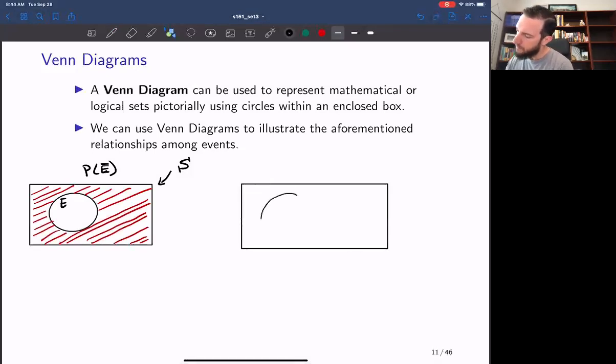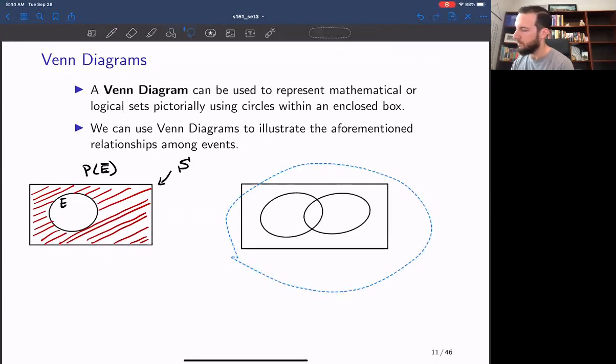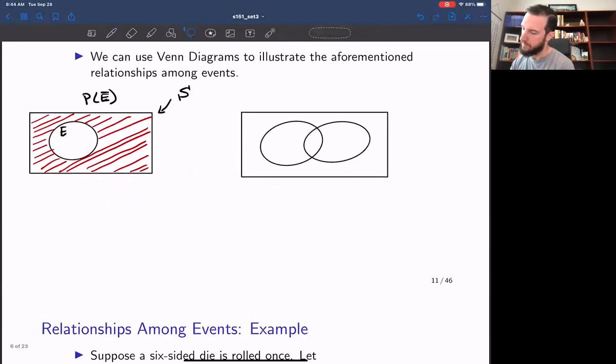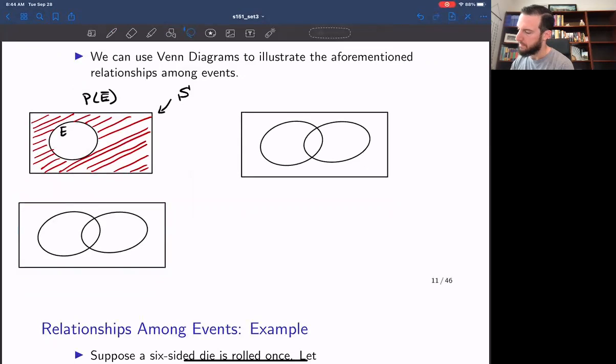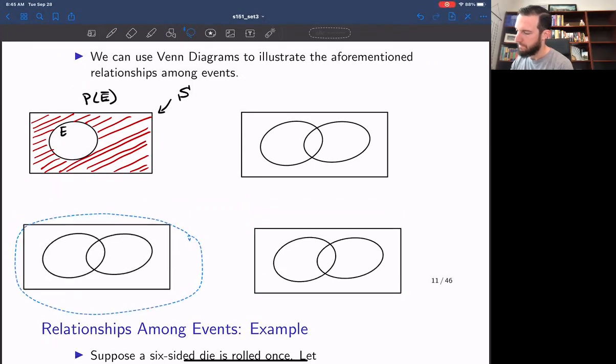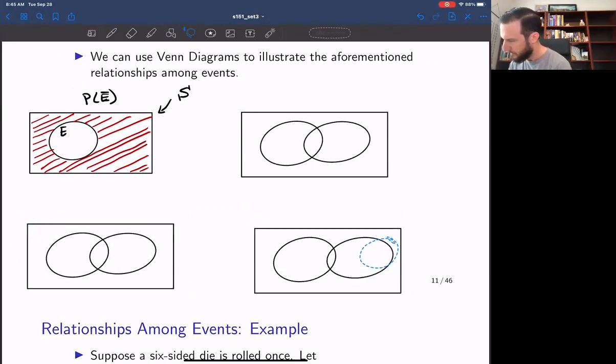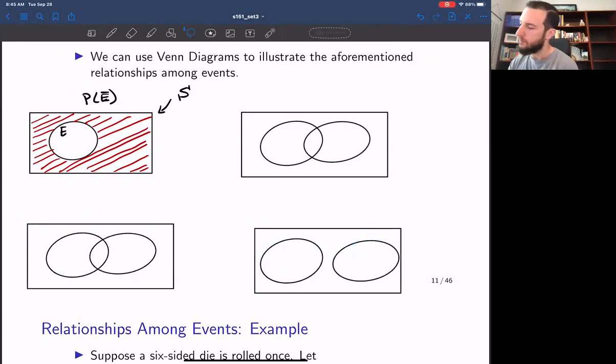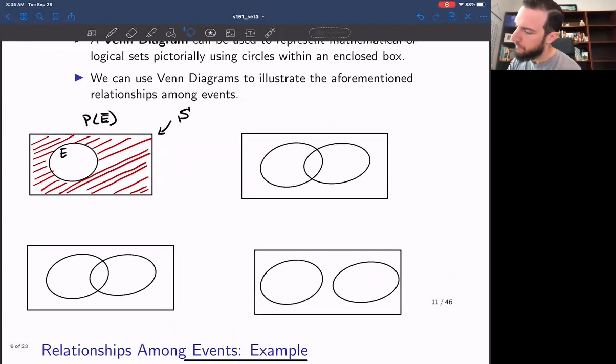Okay, so for the other 2 events that we talked about, we now need to consider 2 different outcomes. And I can use this same box. The first one is going to be the intersection.